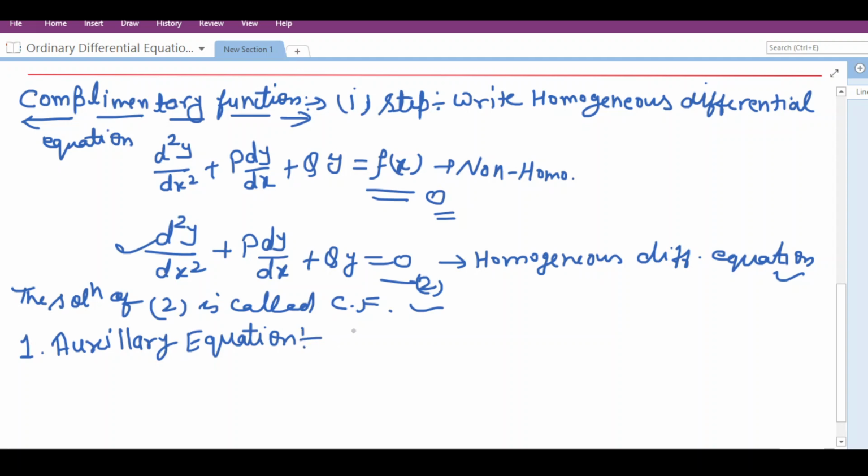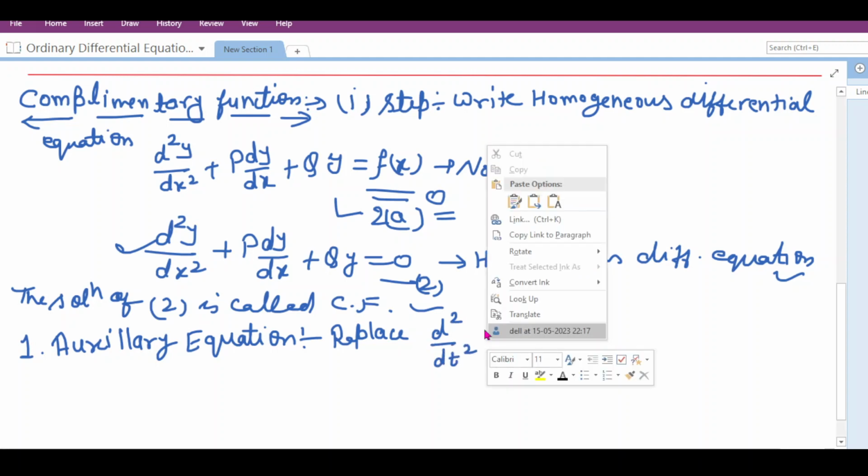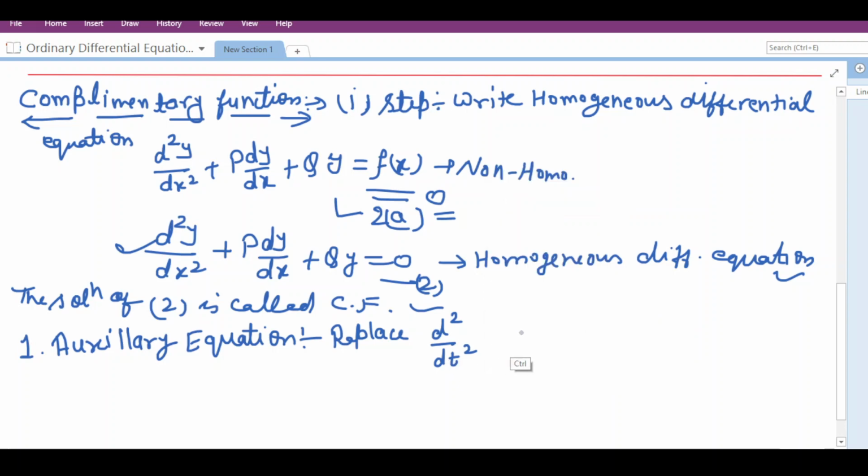So in order to find out the auxiliary equation, if we call this equation 2a, then replace d2 upon dx2 by capital D2, right? And then d upon dx by capital D.